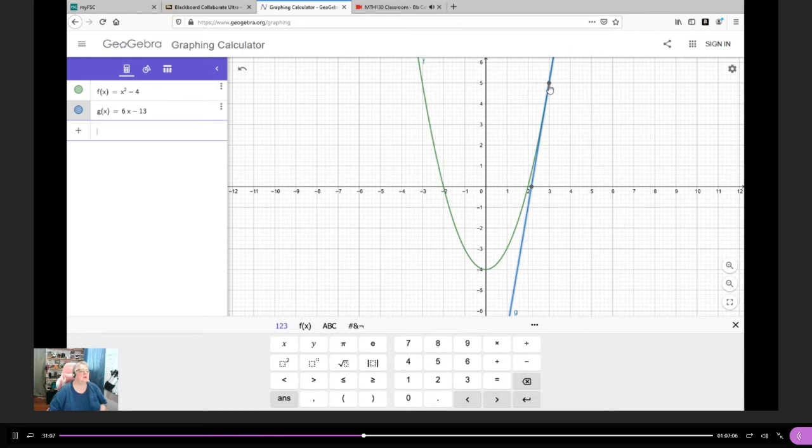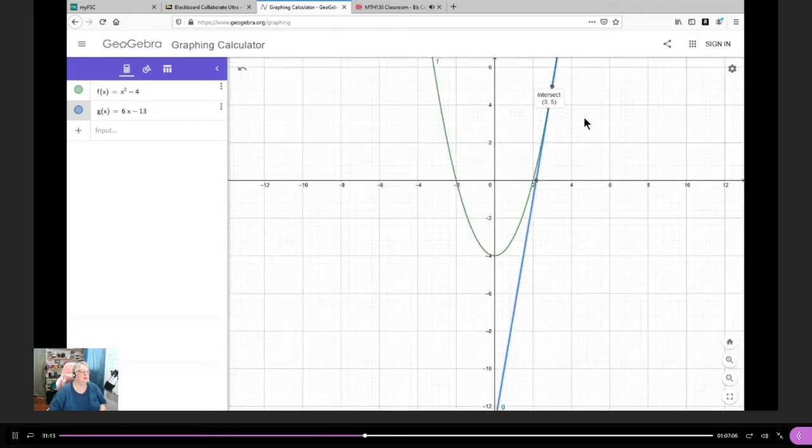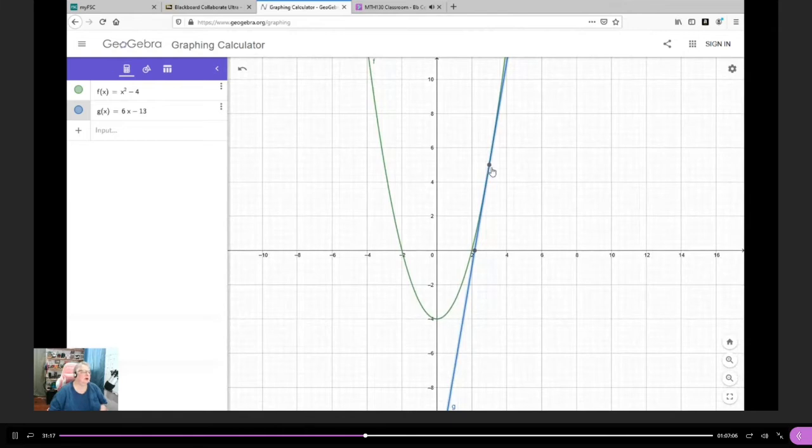Where does it touch? It touches right here at that point, 3 comma 5. If I move it down a little bit, there's your curve, and there's your tangent line. It touches at that one spot only.